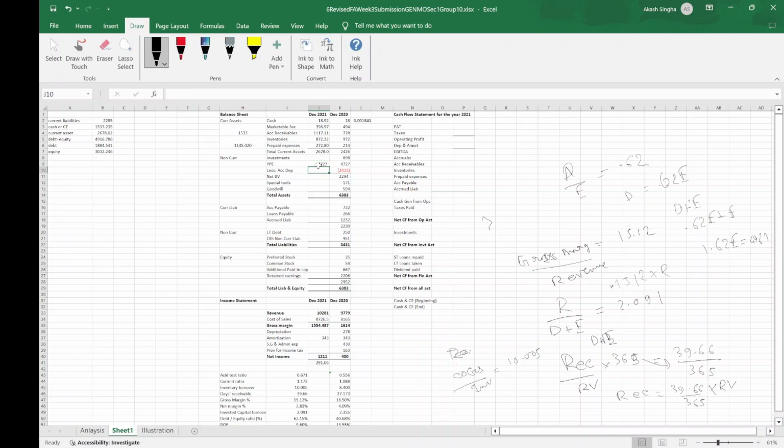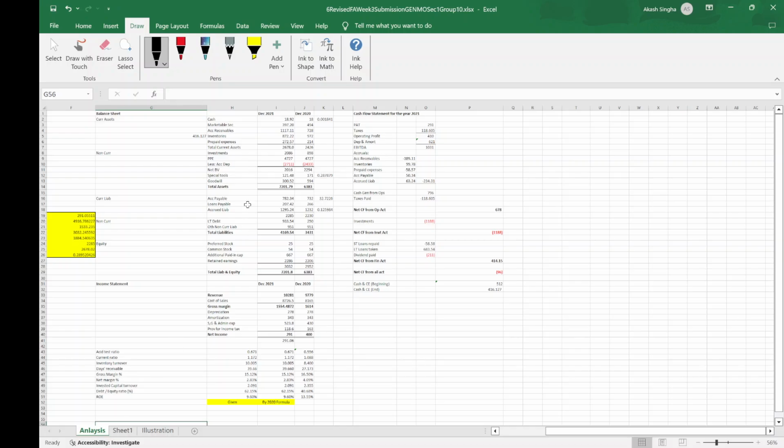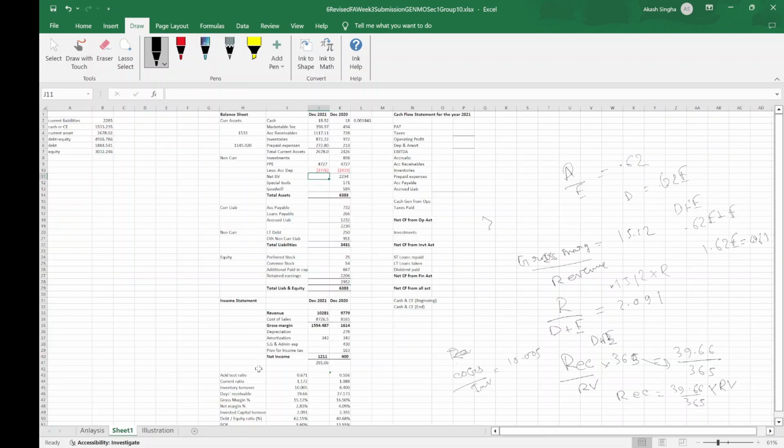4727 is PPE given. Depreciation then again should be accumulated depreciation plus this year's depreciation. I mean, because it's negative, then it should be minus 2776, right? 2711, okay. Okay, it's 278. How is 343?